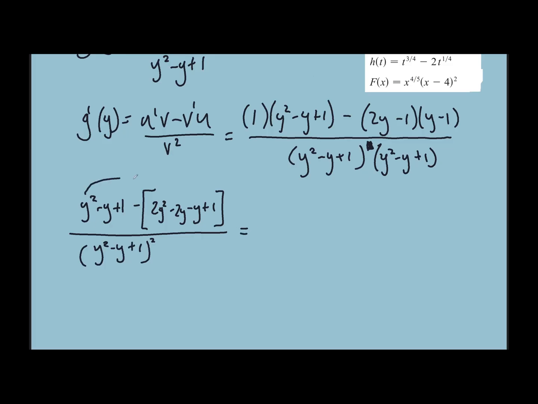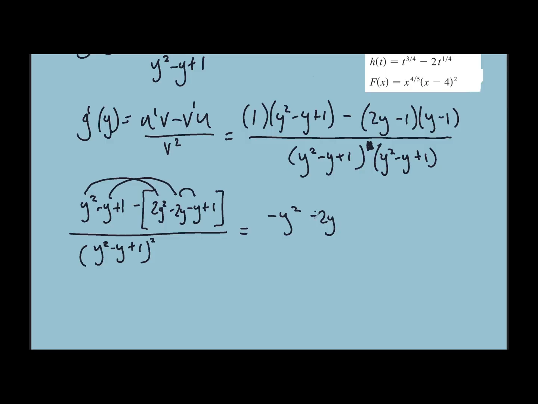Y squared minus 2y squared, so it'd be a negative y squared, minus y minus negative 2y. That's a plus 3y plus a y is a plus 4y. This should be a plus 3 minus 1, should be a minus 2y. Almost did that wrong.